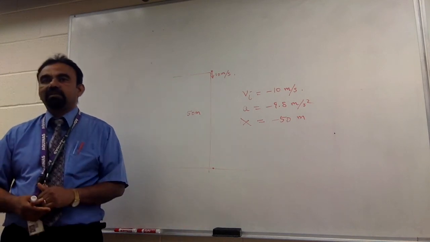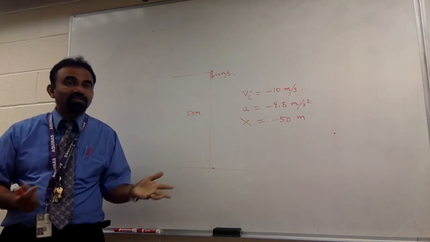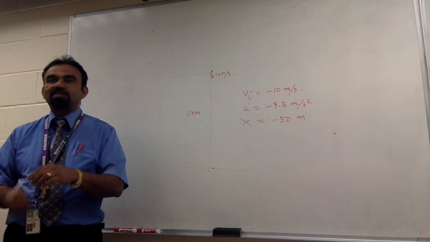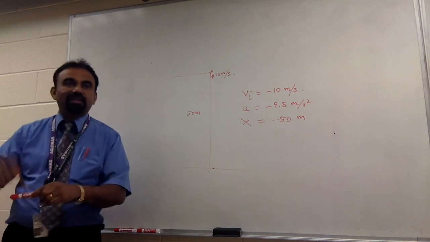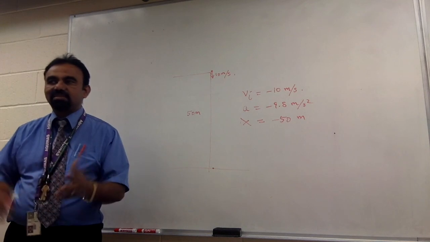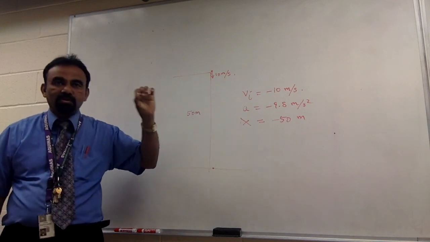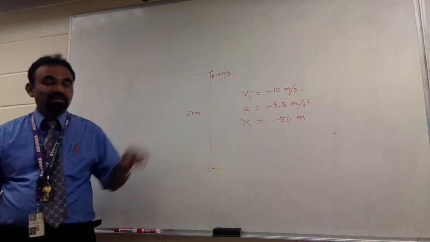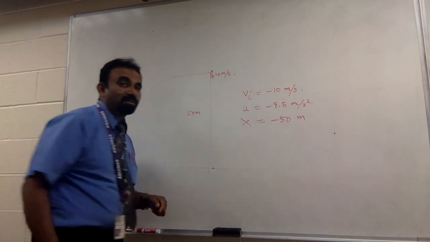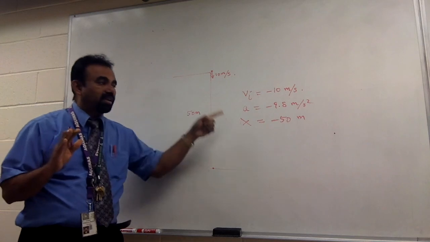Now, if instead you put positive 50, you're inviting trouble again, because positive 50 means you threw it like this and it ended up there. Doesn't make sense. So make sure that you put the signs in front of those numbers carefully. That's where care has to be given.